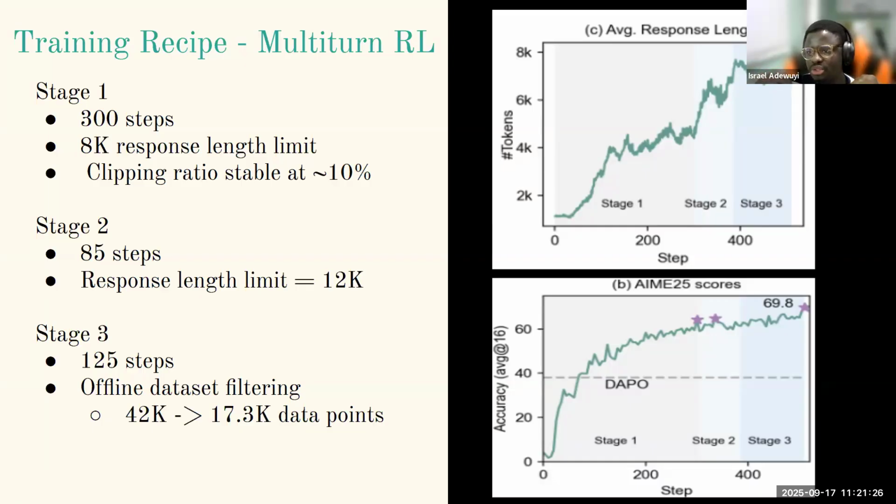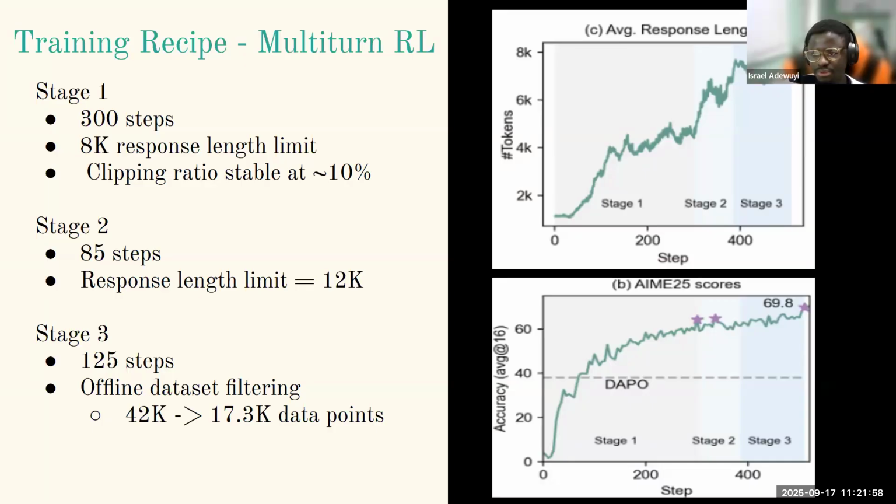If the model got the question right in all its trajectories, you filter out the problem. So the new data set was problems where the model could solve between 0 and 7 out of 8 times. This left them with a data set of about 17,000 data points, which was what they used specifically for stage 3. So stage 3 was meant to be like difficulty mode, let's say.